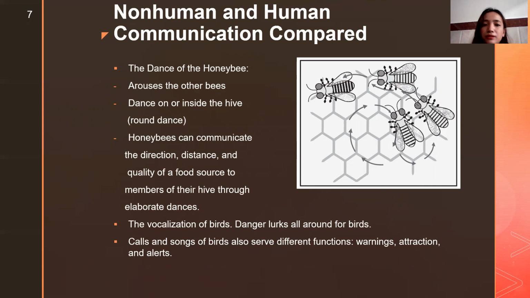The dance of honeybees: honeybees can communicate the directions, distance, and quality of food sources to members of their hive through elaborate dances. And the vocalizations of birds show that danger lurks all around for birds. The calls and songs of birds also show different functions like warning, attraction, or alert.